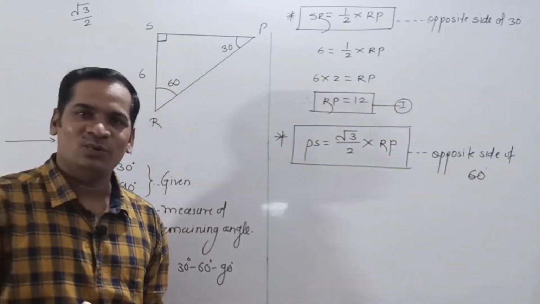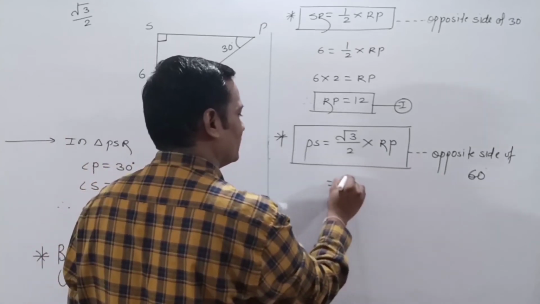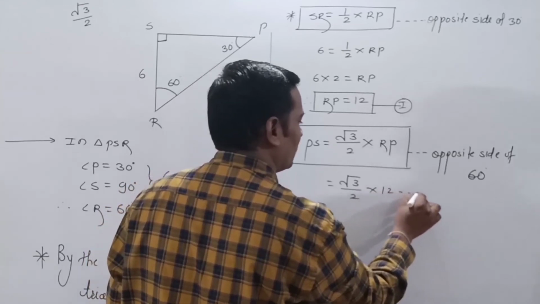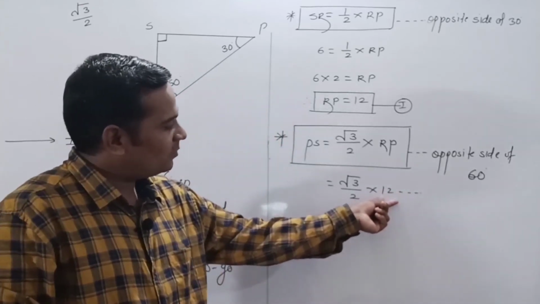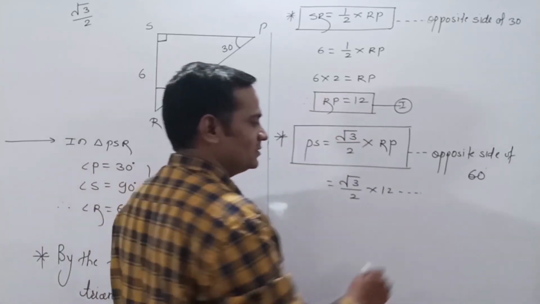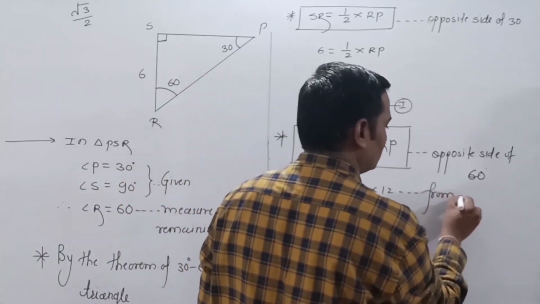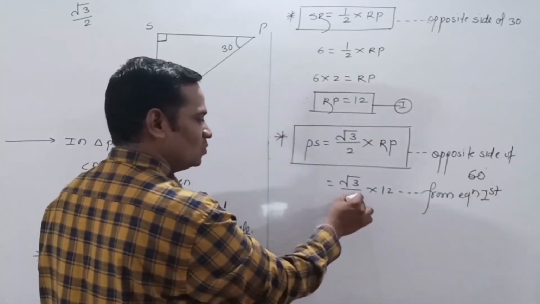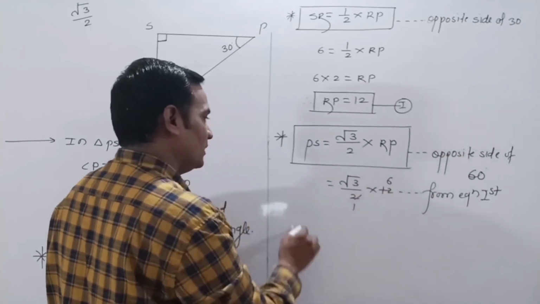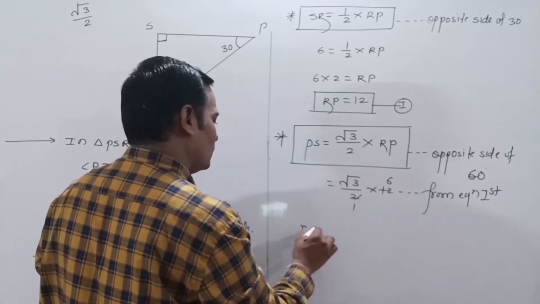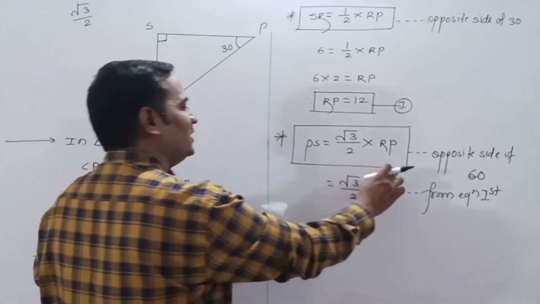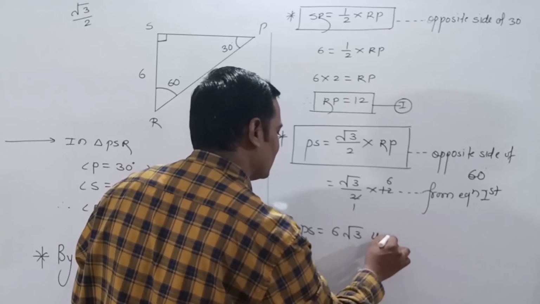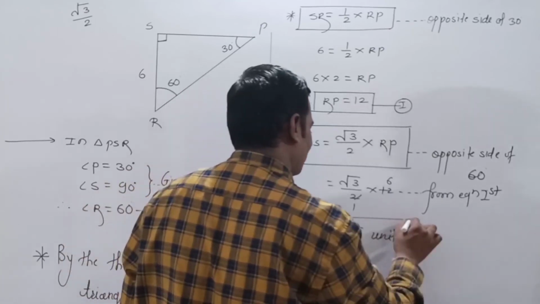So let's put down the values again. So this will be root 3 upon 2 into 12, and from where we got that 12, from which equation? Look at this, equation number first. So we can write here from equation first. So simplify this one, 2 ones are 2, 2 sixes are 12. So therefore PS is equal to root 3 into 6, that means 6 root 3 units, like this.